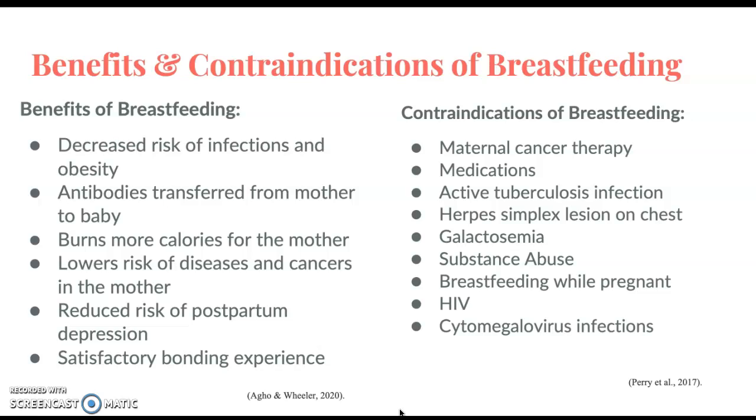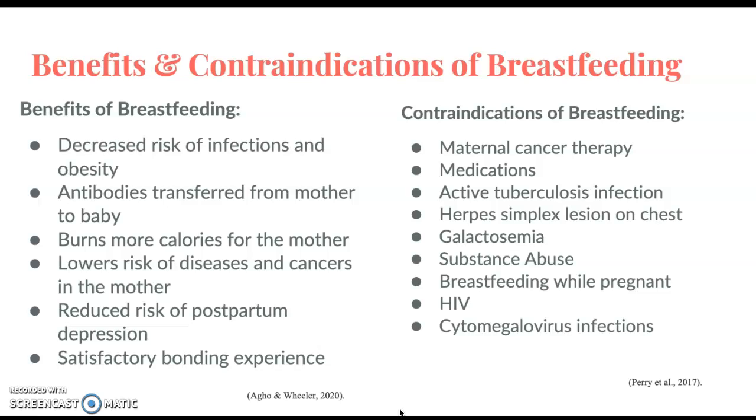Some contraindications of breastfeeding include maternal cancer therapy. If she's receiving any radiation, it can be passed through the breast milk to the baby. Some medications can pass through breast milk to the baby. A tuberculosis infection, herpes simplex lesion on the chest.